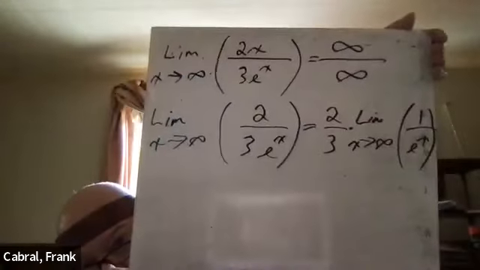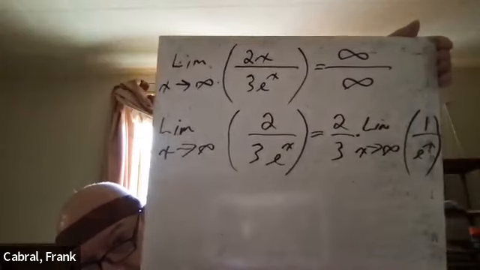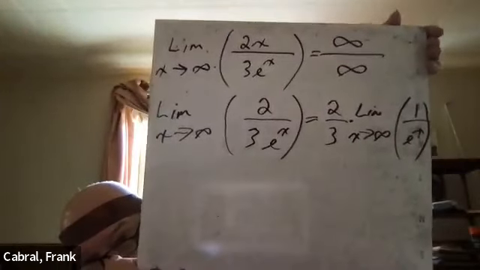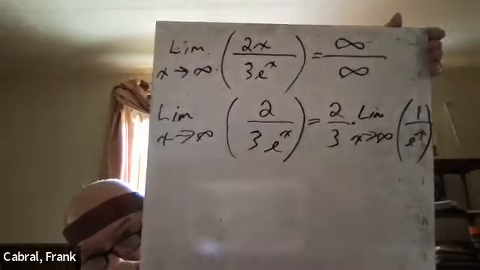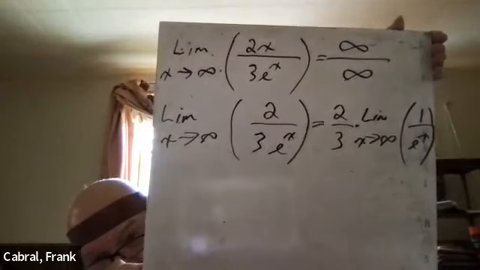E to the x, as x goes to infinity, is unbounded. So 1 over e to the x is going to be 1 over infinity, and 1 over infinity is equal to 0. So that limit is going to 0. That means that 2/3 times 0, of course, is equal to 0.